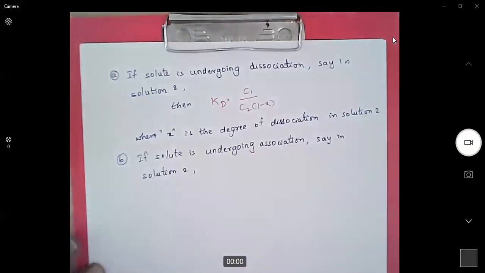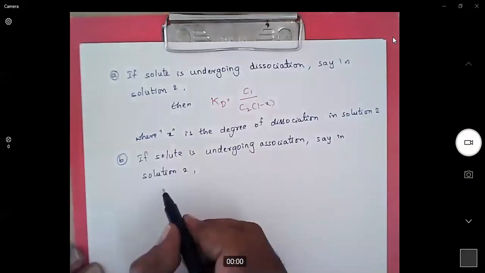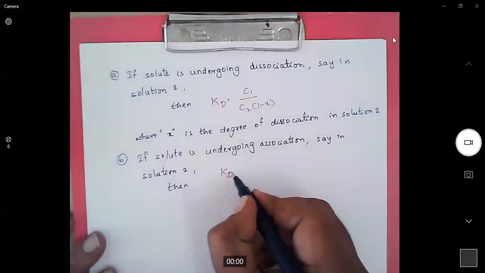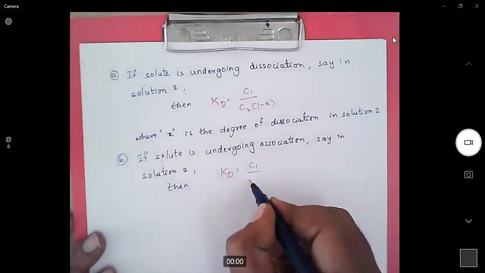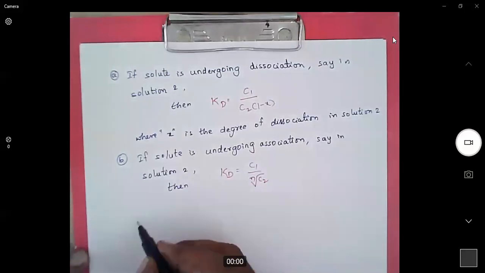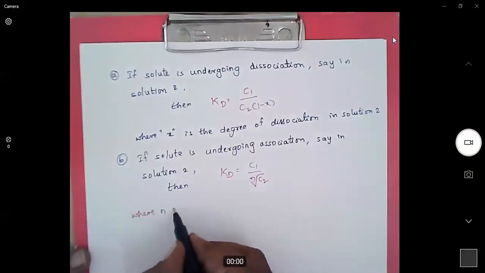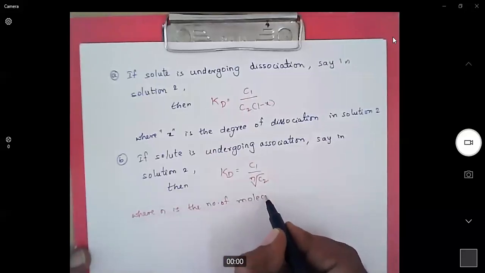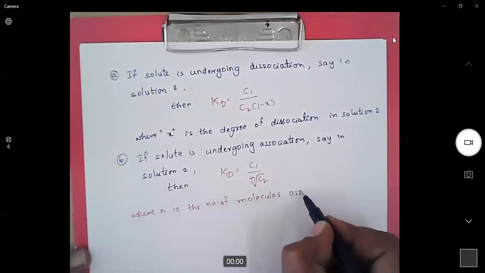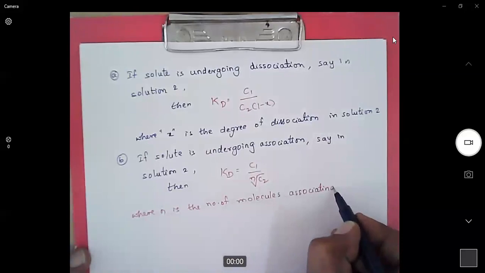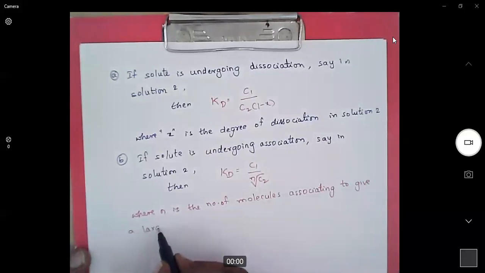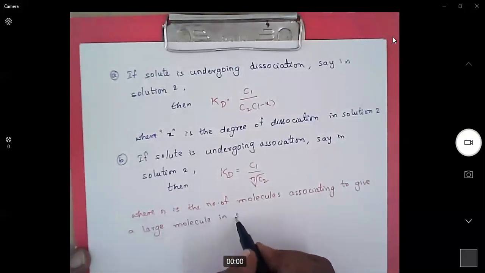If it is undergoing association in solution 2, then we can calculate the partition coefficient using the formula Kd is equal to C1 by nth root of C2, where n is the number of molecules associating to give a large molecule in solution 2.